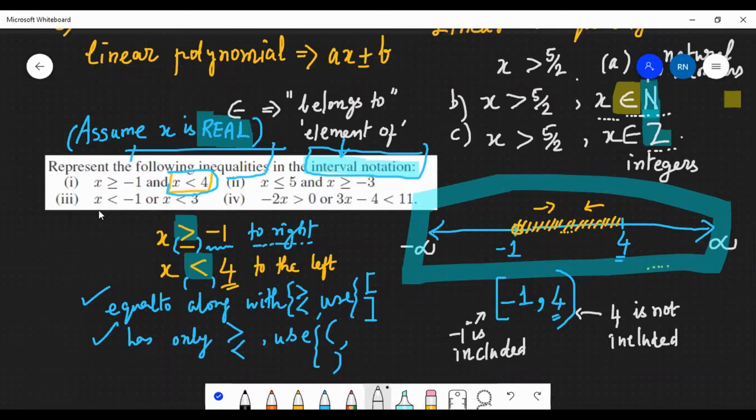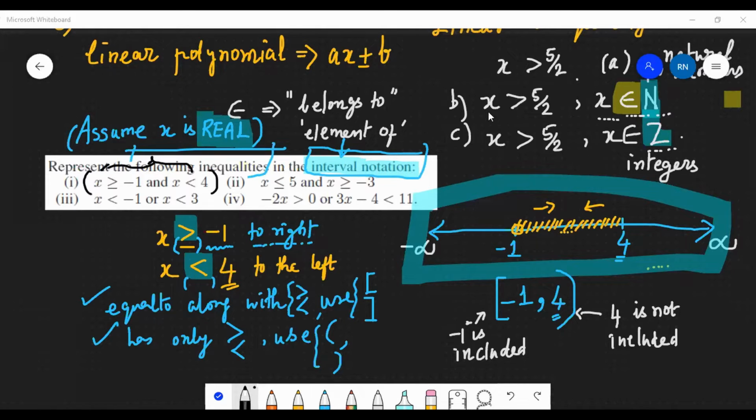What is the first subdivision that we solved? X greater than or equal to minus 1. That is one part of the statement. Another part of the statement says X is less than 4. You can see two inequalities are combined. Why are they combined?